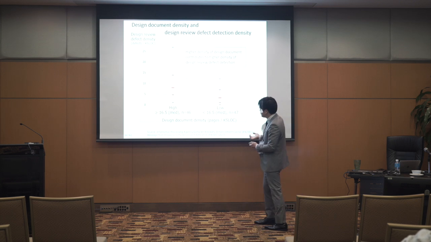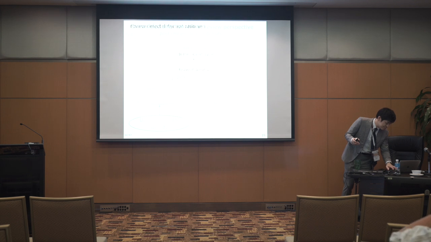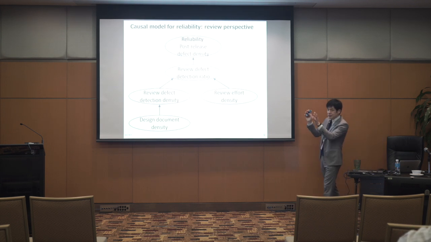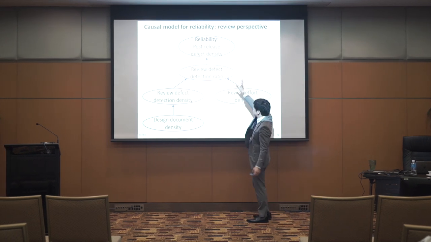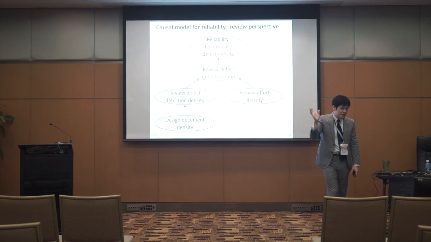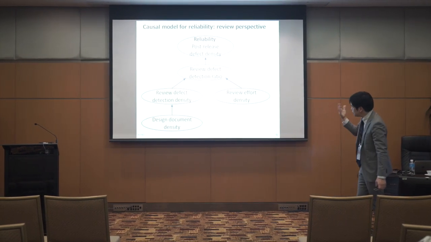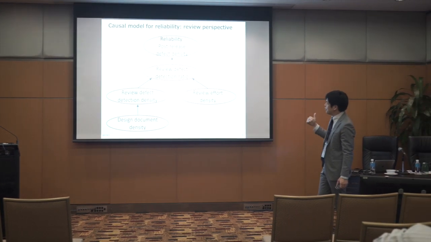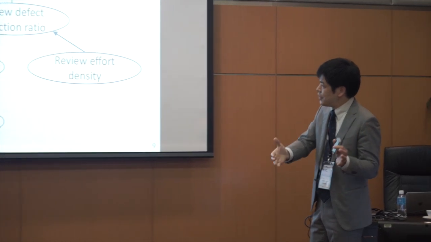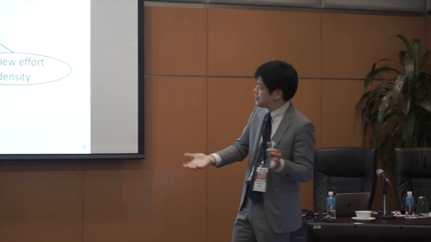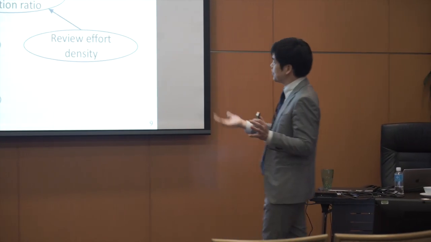So, by connecting these individual relationships, to achieve higher reliability in terms of post-release defect density, we need to increase the ratio of review defect detection, which means the number of defects detected during review against the total number of defects detected during the project.